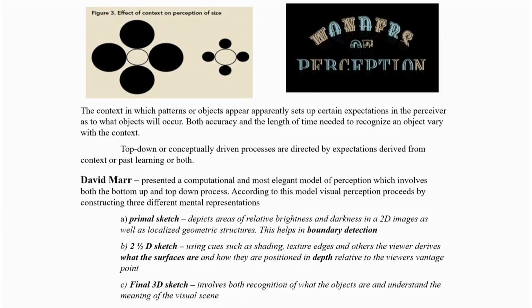Once these two steps are complete, a third and final step called the final 3D sketch is produced, where recognition of an object is made in terms of the context and expectation. Here the meaning of the visual scene and the recognition of the object is made, and this happens through a top down process.